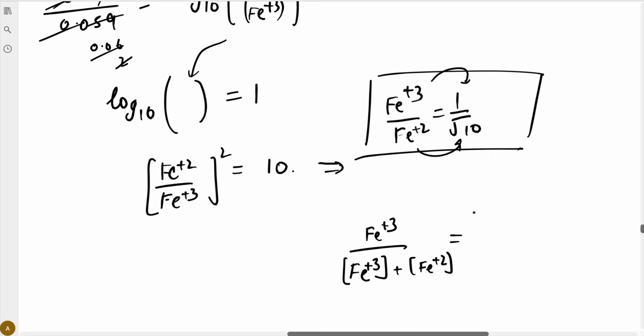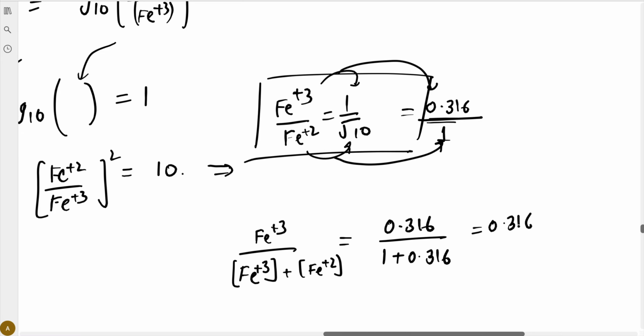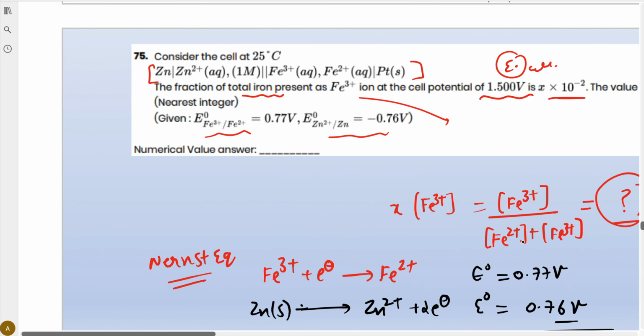This one is 0.316. If you take Fe3 positive as 0.316 and Fe2 positive as 1, then the fraction is 0.316 divided by 1 plus 0.316, that is 0.316 divided by 1.316, and if you solve this, it will come 0.24, and the answer will be 24 into 10 power minus 2. So 24 is the answer you need to write for this question.